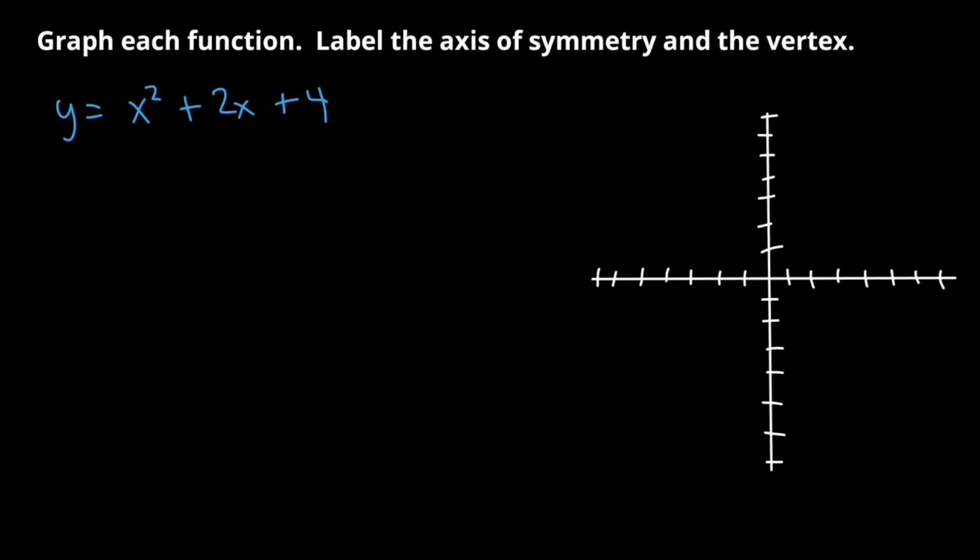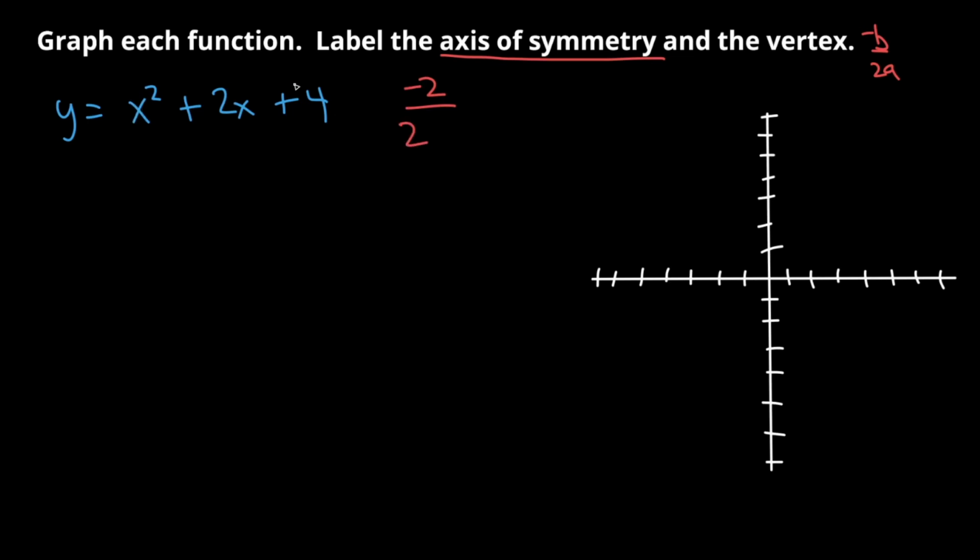And same thing for this problem. Let's find the axis of symmetry first. That's negative b over 2a. So we finally have a b term in here. Negative 2 over 2 times a.